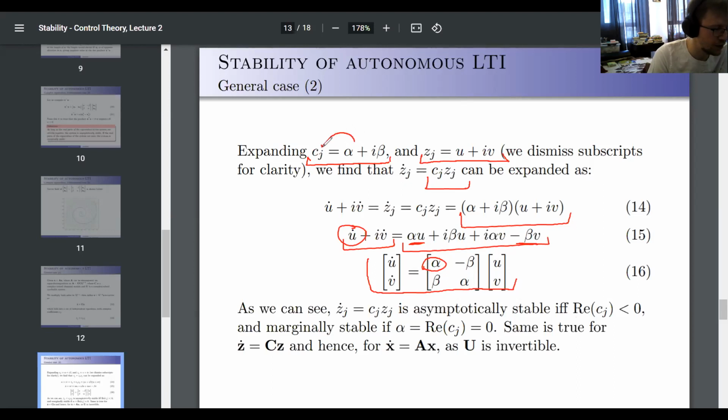Alpha is the real part of eigenvalue C. Hence, the criterion for stability is that real parts of eigenvalues are non-positive for marginal stability, negative for asymptotic stability. And the same goes for this one, because the eigenvalues C are actually eigenvalues of A.